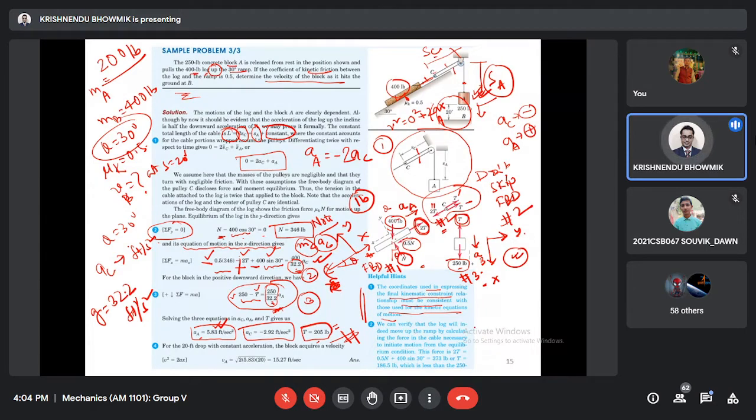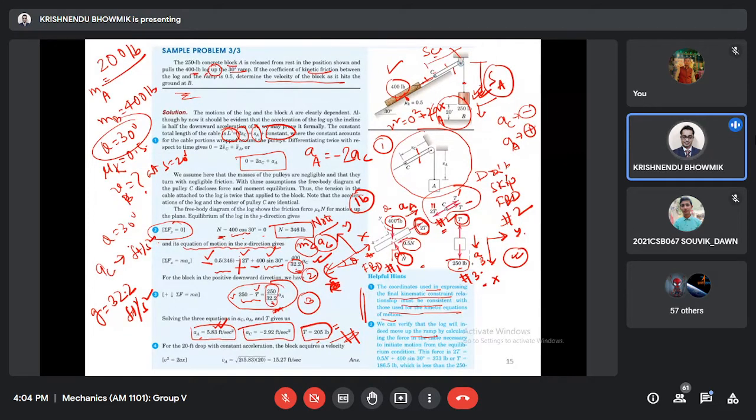We can verify that the log will indeed move up by calculating the force in the cable necessary to initiate the motion from the equilibrium conditions.